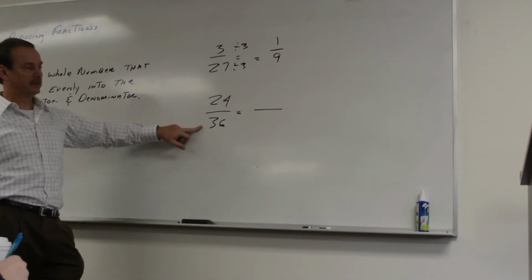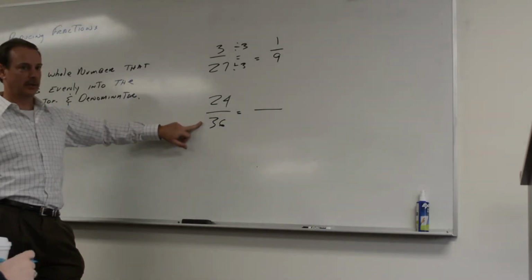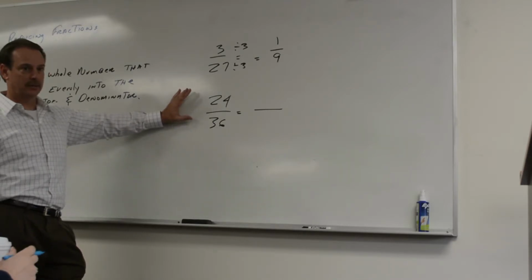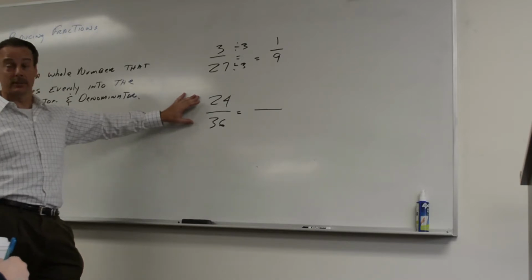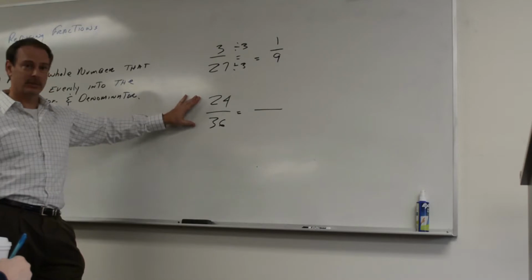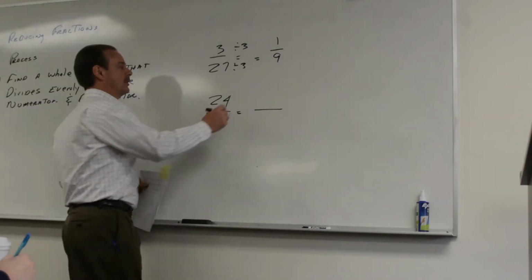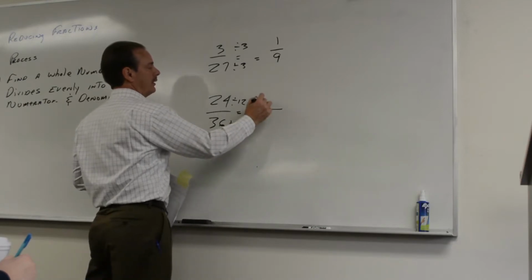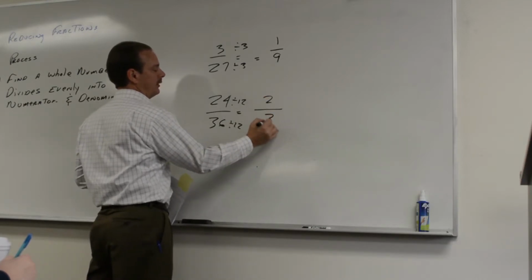How about 8? 8 works here, not here. How about 12? Yes, 12 will work. 16? No. Probably 12 is about the highest we can go. So let's divide this by 12 and divide this by 12. We're going to get 2 over 3.